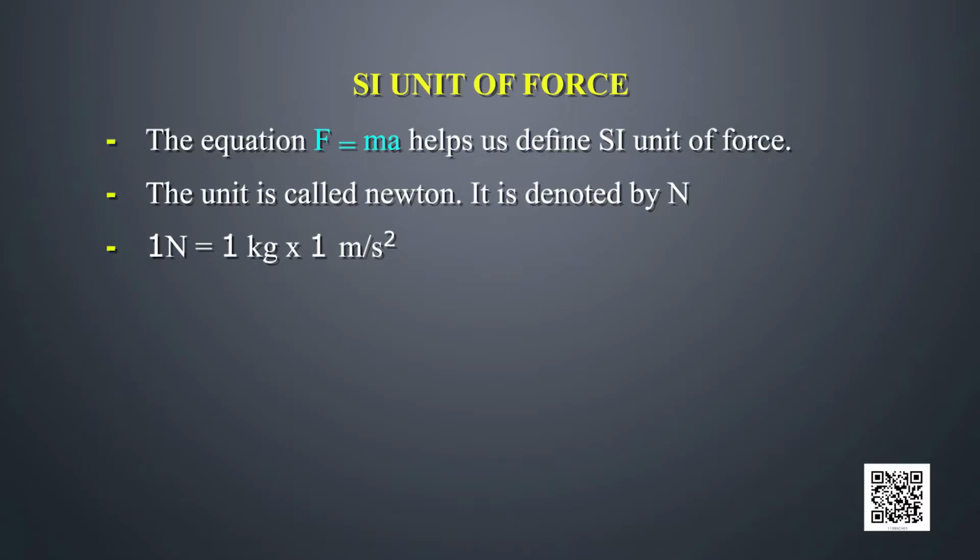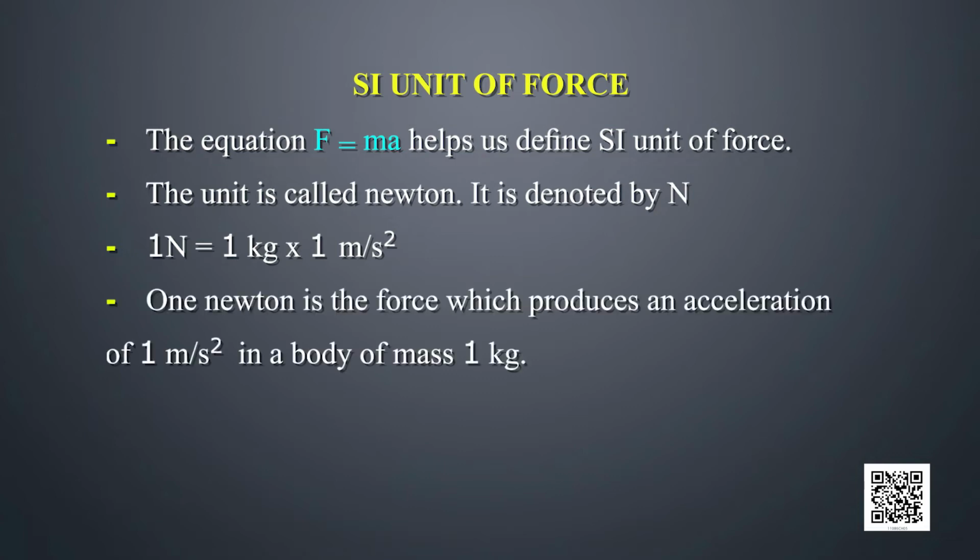The unit always starts with a small letter n. We have 1 newton equal to 1 kg into 1 meter per second square. For the definition of the SI unit, we say 1 newton is the force which produces an acceleration of 1 meter per second square in a body of mass 1 kilogram.